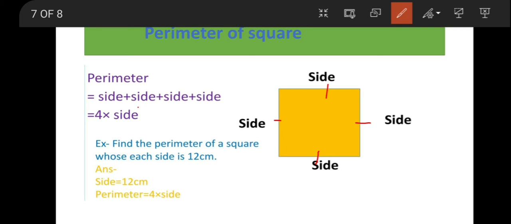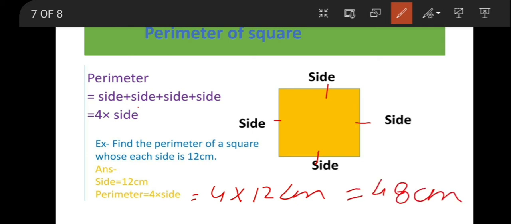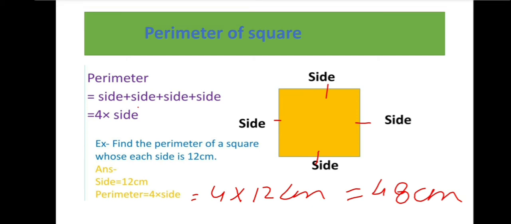Let us take an example. We have to find the perimeter of a square whose side is 12 centimeters. So we will multiply 4 into side. 4 into 12. What is 12 fours? 12 fours is 48. So the perimeter of this square is 48 centimeters.